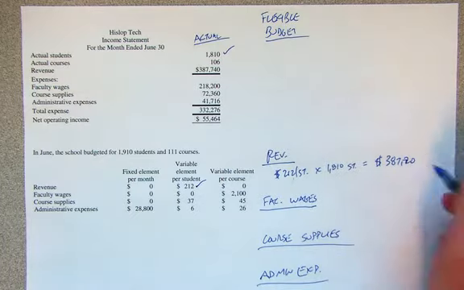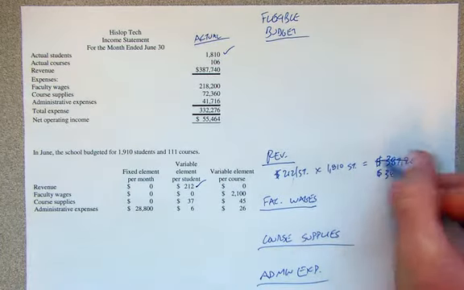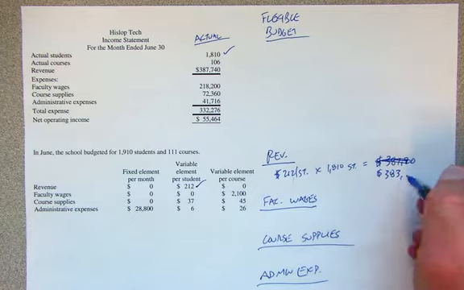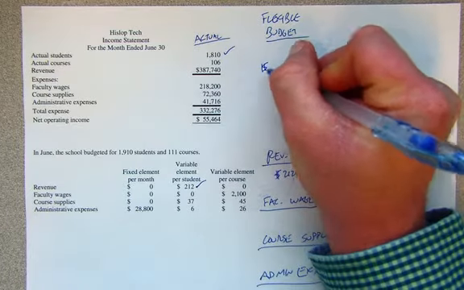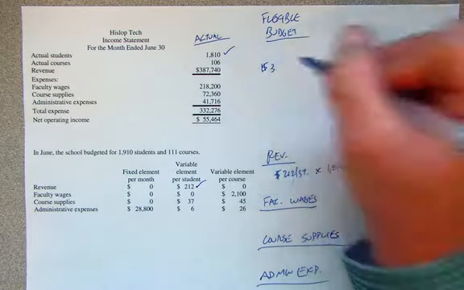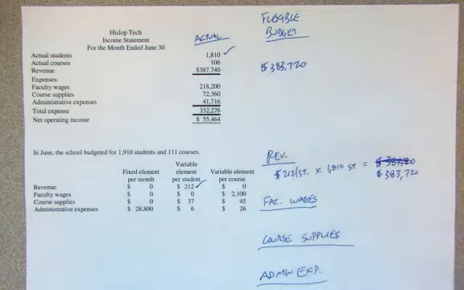Let me clarify that. I didn't write that very well. In fact, it's 383,720. My apologies. Okay, so let's bring that up here. That is our expectation, 383,720.